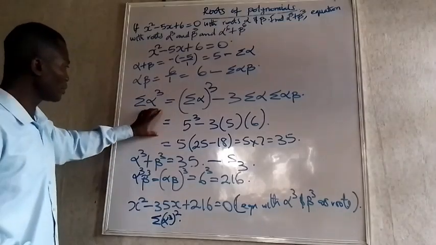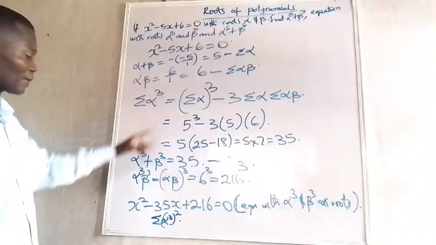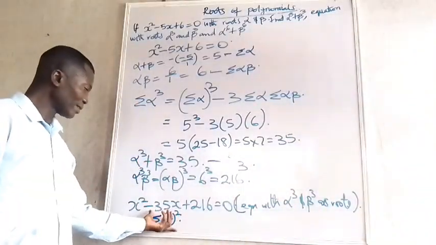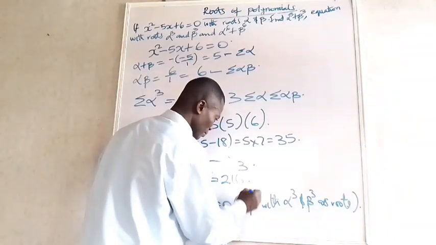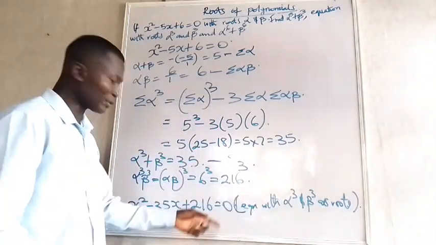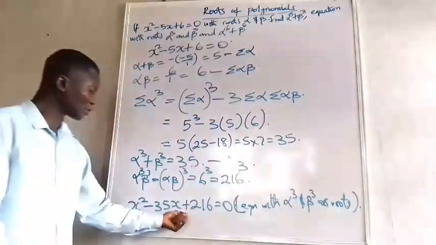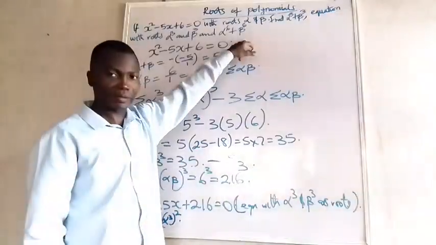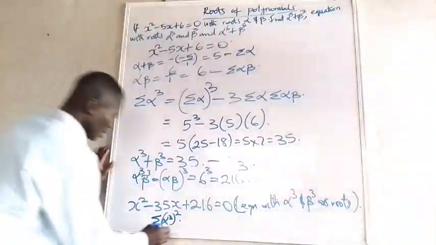We have to solve summation alpha squared. Here, we have alpha cube, beta cube as the roots. So if we find the sum of the squares of the roots of this equation, it's going to give us this. That's what I'm saying. Now let's see.